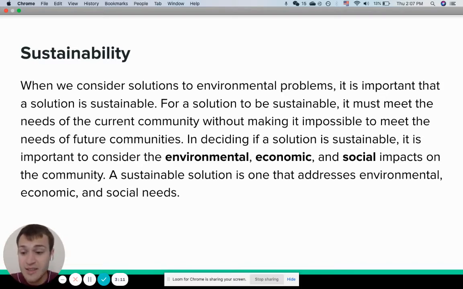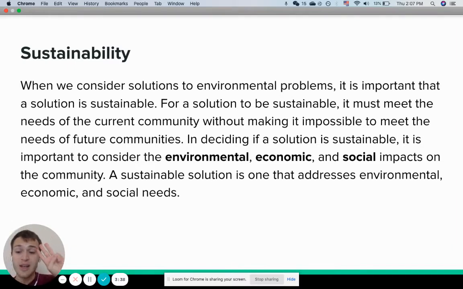It must meet our needs today, while also meeting the needs of people in the future, or making it so that people in the future can meet their needs. It's all about solving our problems today while also not creating any problems for people in the future. So when we decide if a solution is sustainable, it's important to consider 3 things.